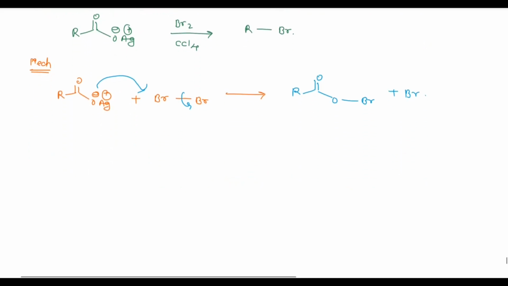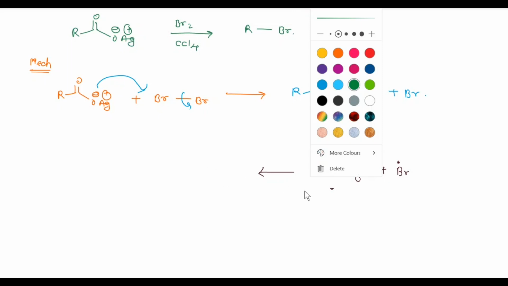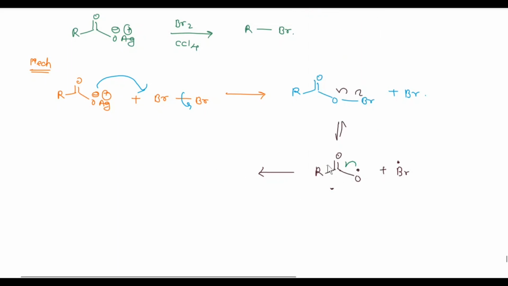In the next step, radical formation takes place and we get a carboxylic radical plus Br radical. This carboxylic radical undergoes decarboxylation and we get an R radical, minus CO2.